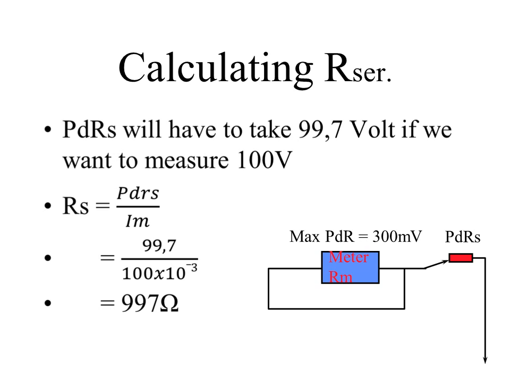That gives us Rs equals potential difference of Rs over Im, which is 99.7 over 100 times 10 to the power minus 3. Therefore, the series resistor must be 997 ohms to be able to measure 100 volts maximum.